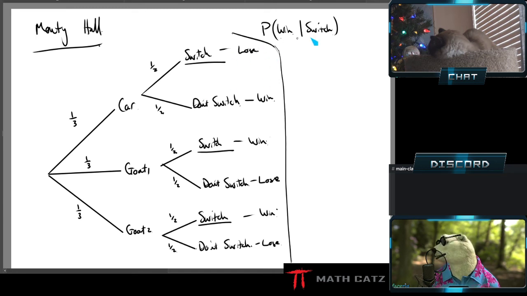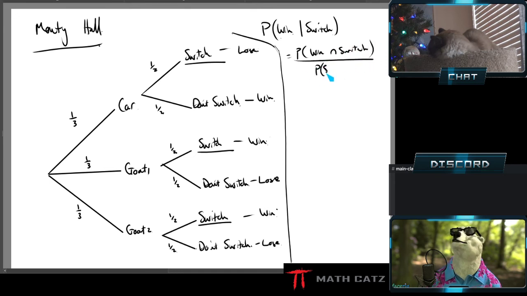Now, I invite you to do the whole thing and see this is a conditional probability. So I need to write down the probability of winning and switching, over the probability of the given one.